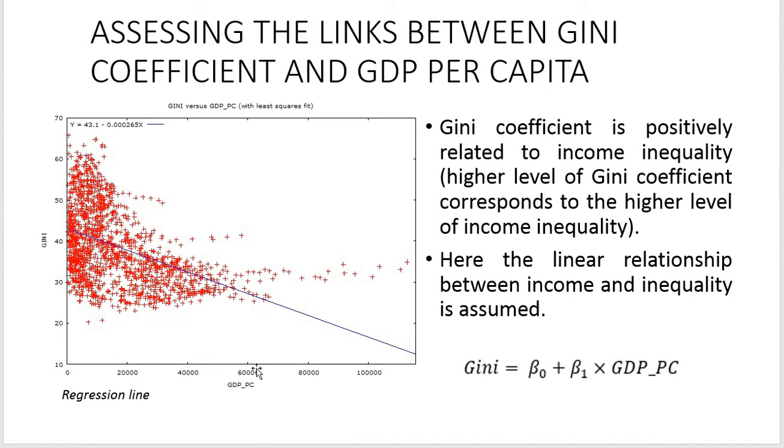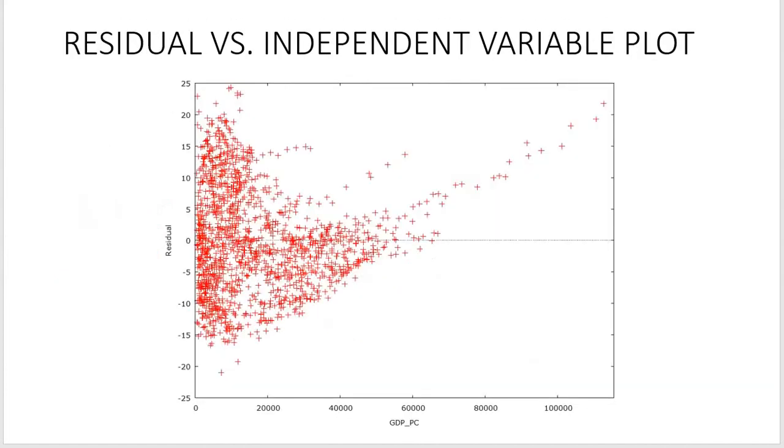So for small values of GDP per capita, you have big residuals, and for bigger values of GDP per capita, you have smaller residuals. It's also visible on this graph, because here you just have residuals plotted against the GDP per capita level. Again, for a relatively small level of GDP per capita, the value of the residual is huge, and for a relatively big value of GDP per capita, the value of the residual is rather small.